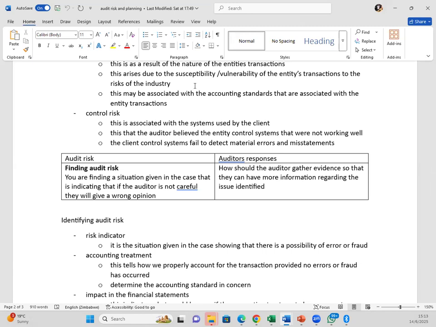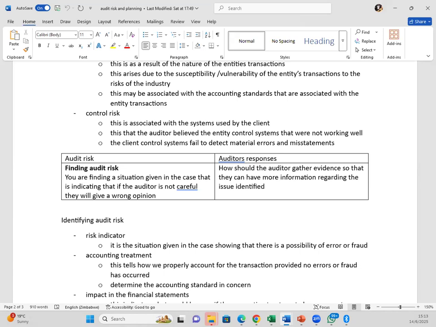If you are identifying the audit risk, it means you are identifying a situation given in the question that, if the auditor is not careful about it, they are likely to give a wrong opinion. They'll give you a case, and from that case, you are supposed to pick a situation that indicates that if the auditor is not careful, they might give a wrong opinion.